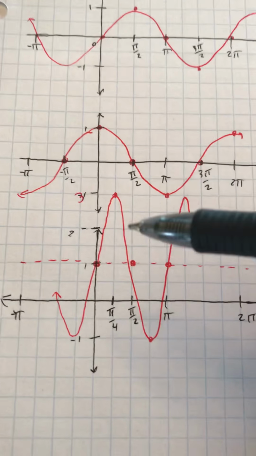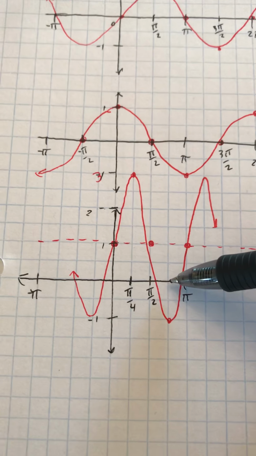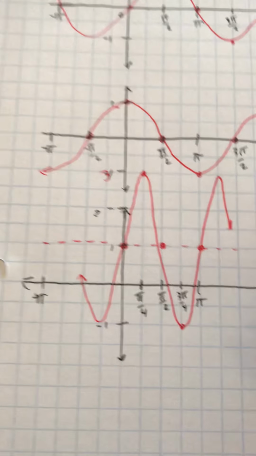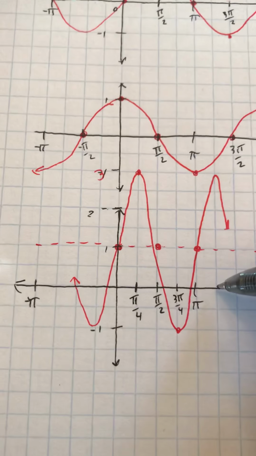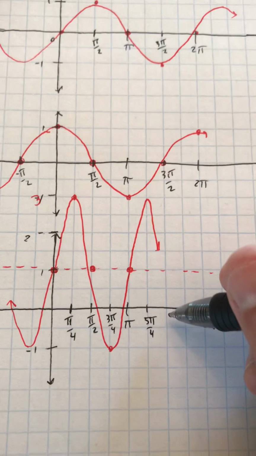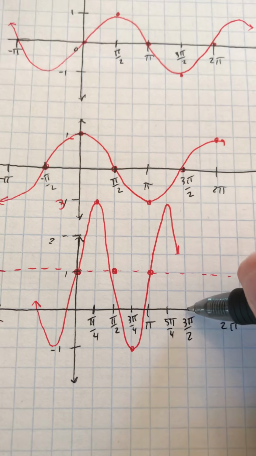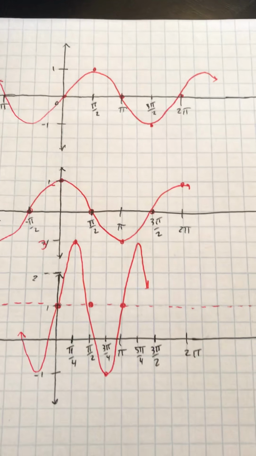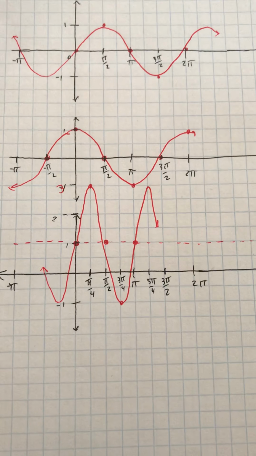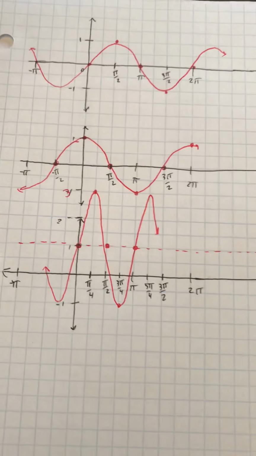By the way, you can count by fourths. This is 1/4 pi, 2/4 pi, 3/4 pi would be this point right here, right? 3 pi over 4. 4/4 pi would be pi. 5/4 pi. 6/4 pi would be 3 pi over 2. And then you can kind of continue like that. And again, you don't have to label all of those points. But that's the basic idea. So that's the graph of y equals 2 sine of 2x plus 1.